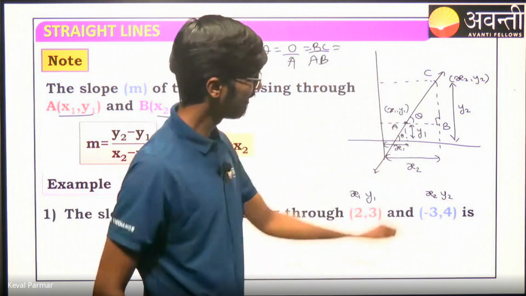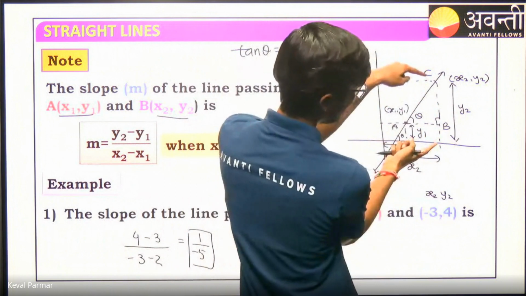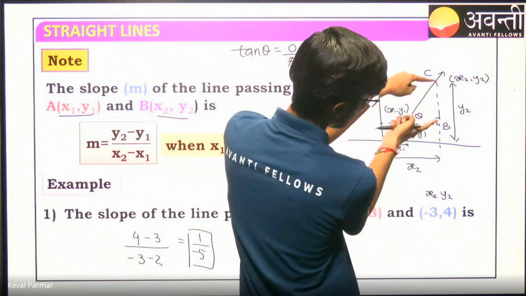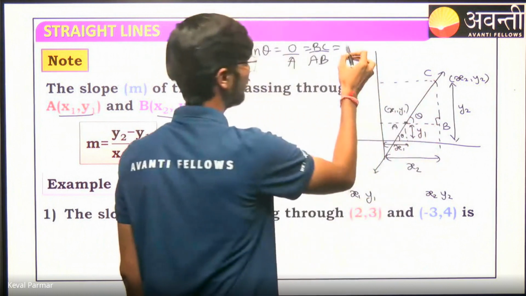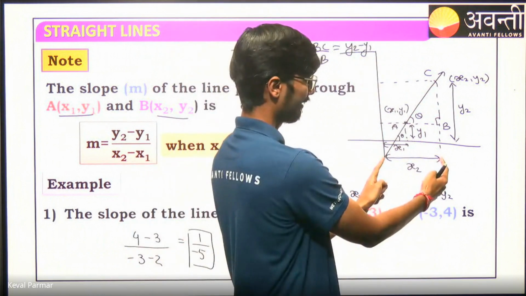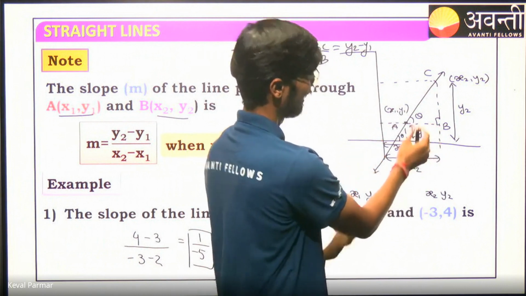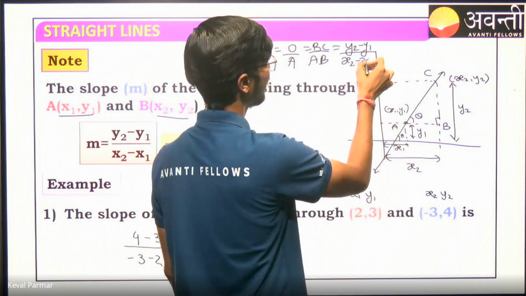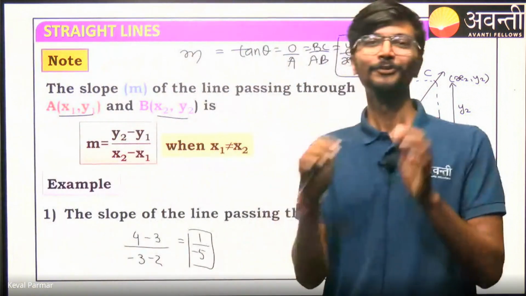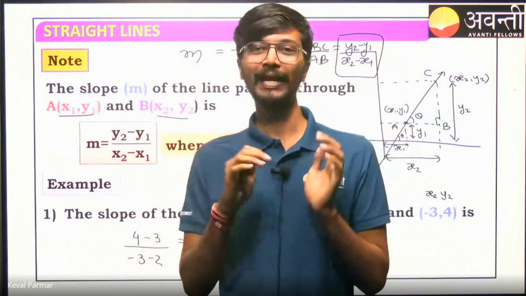From the diagram, you can clearly see this whole part is y2 and this part is y1. So BC will be y2 minus y1. Similarly, this part is x2 and this is x1, so AB will be x2 minus x1. And slope is basically tan theta. So this is how we get the formula of slope, which is y2 minus y1 upon x2 minus x1.